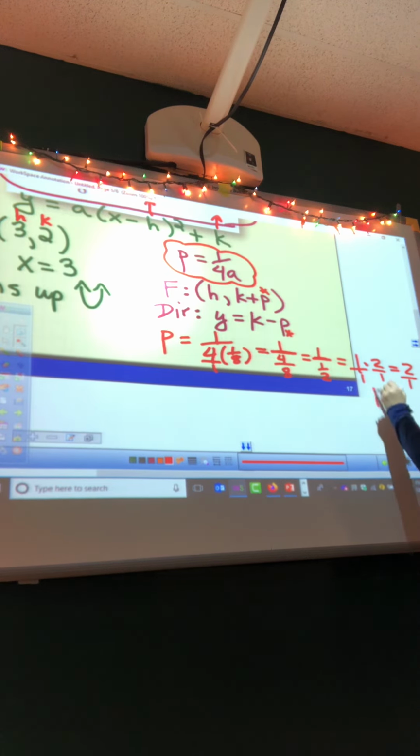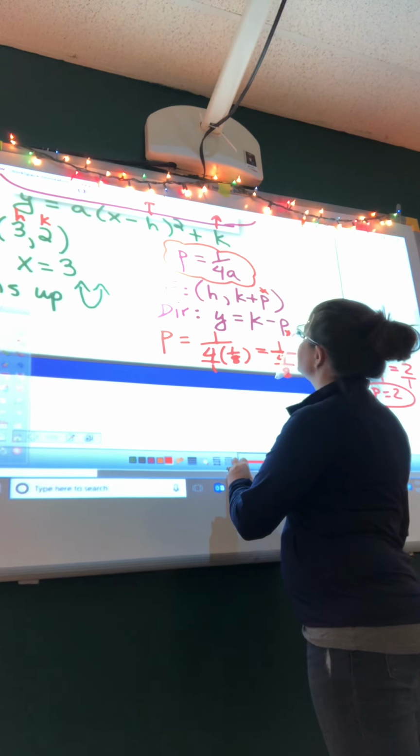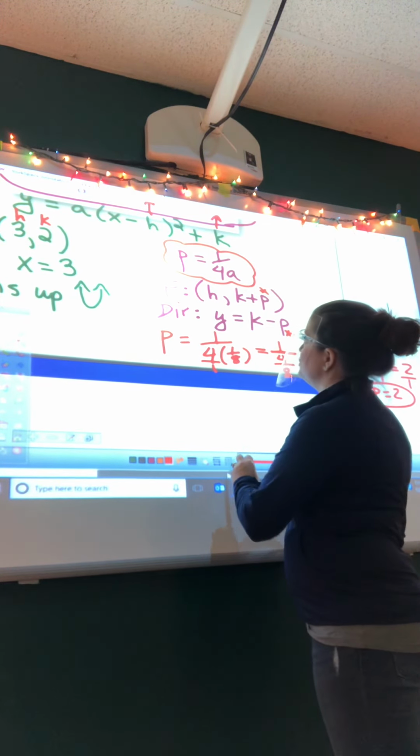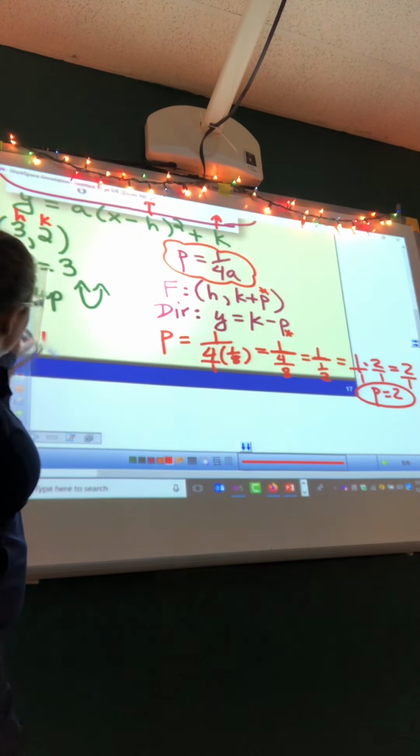All right? Wow, that one was a lot of work to get p. If you're not good with fractions and you don't remember that, what can we do? Change it to a decimal, punch it in a calculator, right? Yeah, either or. Now we're ready to do our focus and our directrix. All right, so focus.